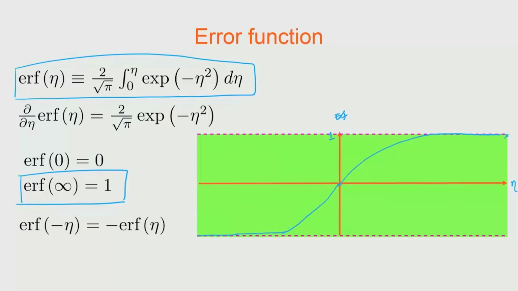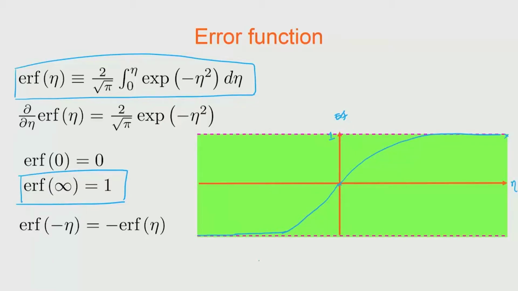So, this is how the error function would look like, and you could see that the slope at 0 is immediately given here, and you could actually see that the slope at infinity would be flat, because e raised to the power of minus eta square at eta goes to infinity is 0, and e raised to the power of minus eta square at eta equal to 0 would be some number, and that number is the slope that you are seeing here.